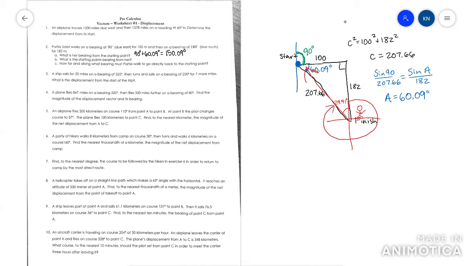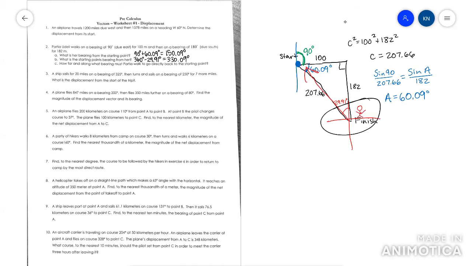This picture actually worked out really well. It's basically a full circle, so 360 degrees minus this 29.91. I hope that made sense as well. So I'm doing 360 degrees minus 29.91 degrees, which is going to give you 330.09 degrees.